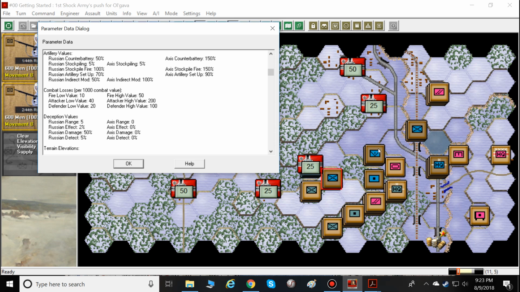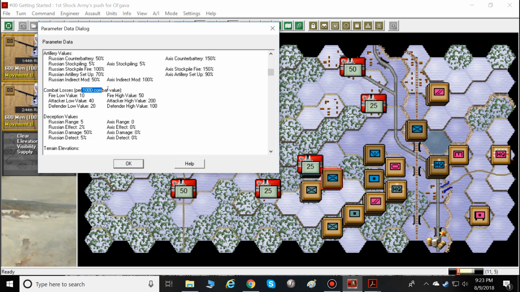So we want to use our boomsticks to cause some damage to the enemies, not just in men losses, although obviously that'll help as well. But when we go to assault, we can look at our combat losses. These are basically the values of how many men are going to be lost.